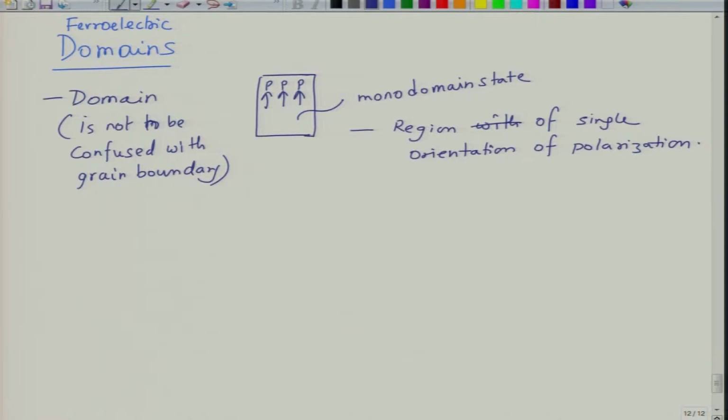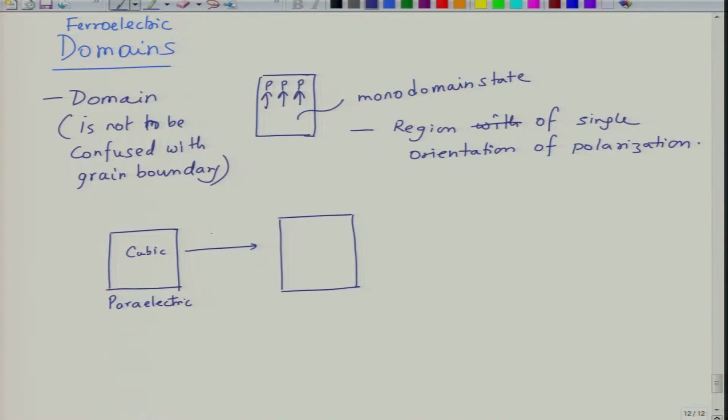Now, when you start from, let us say, a cubic material, and you cool it below Tc, so this is the paraelectric state, right, when you cool it below Tc, the system transforms, let us say it becomes tetragonal, right. So, your C parameter becomes a little larger than the A parameter, as a result you have some distortion.